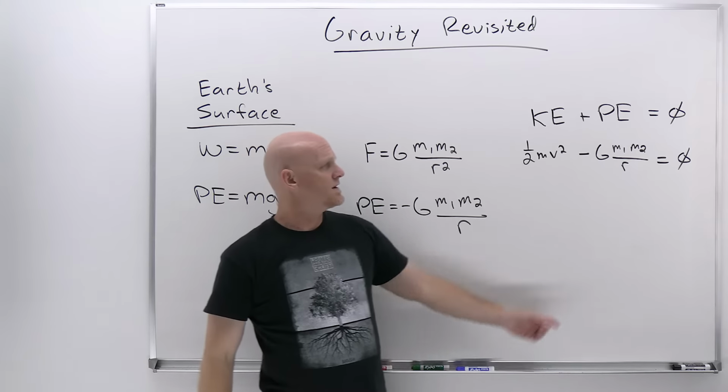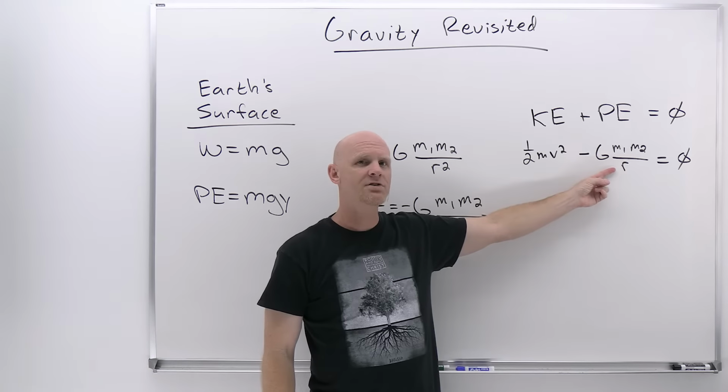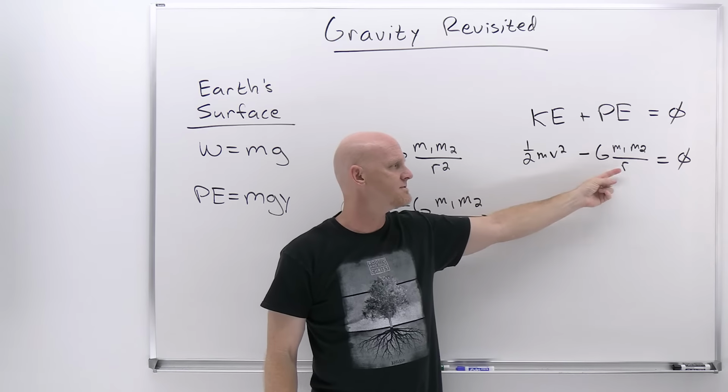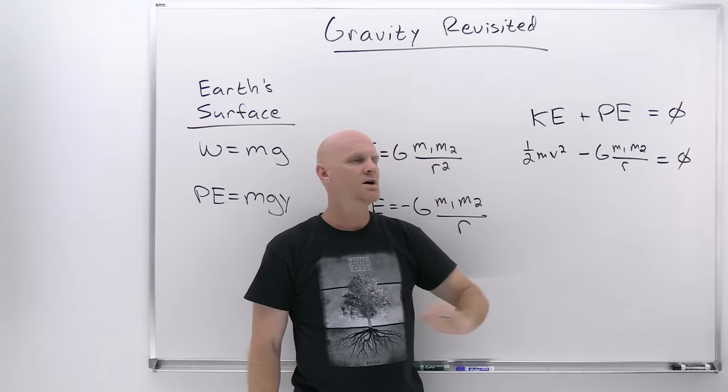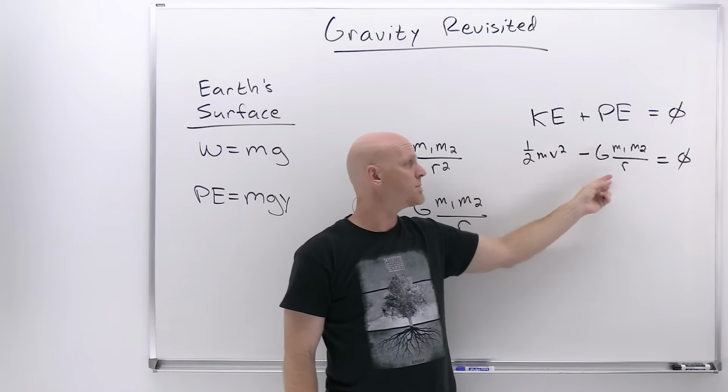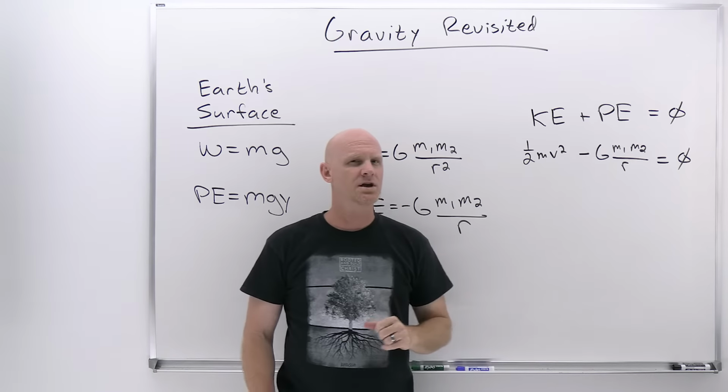And so here's the deal. When we reach infinitely far away from that planet, that means the distance of separation is infinity. When you divide by infinity, you get 0. So as r approaches infinity, our potential energy is going to be approaching 0.